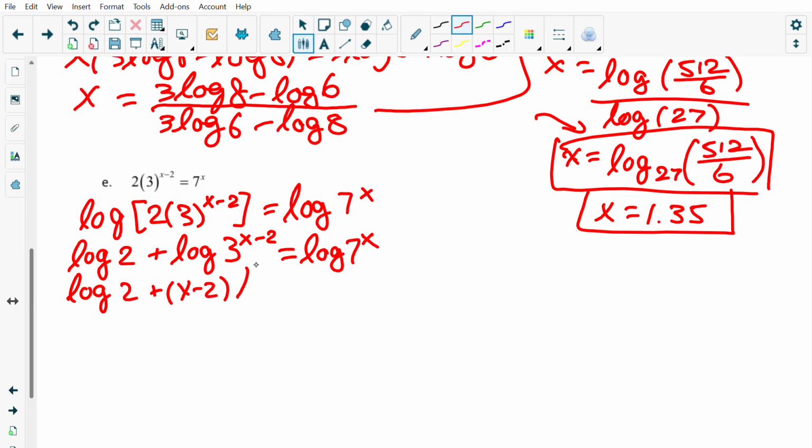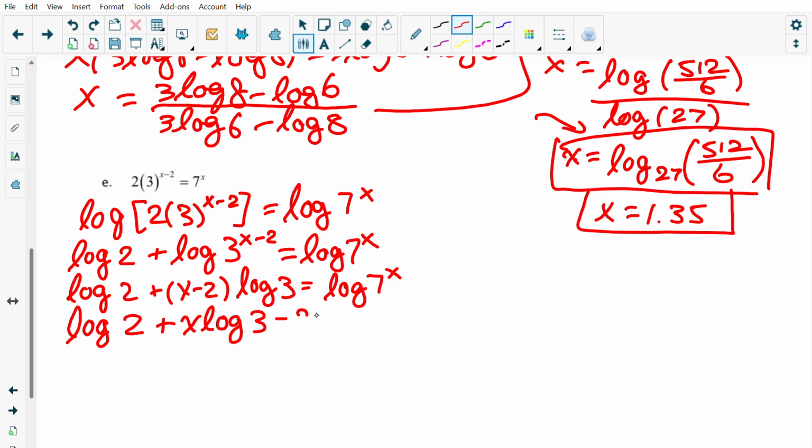Power law. Next, log of 2 plus, I'm going to distribute that log of 3 across, so that's (x minus 2) log of 3 equals log of 7 to the x.